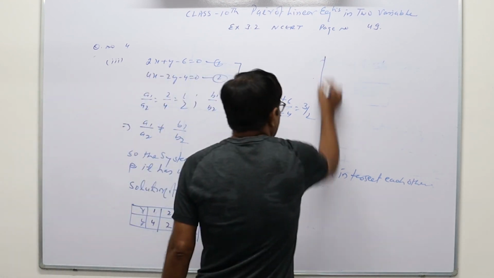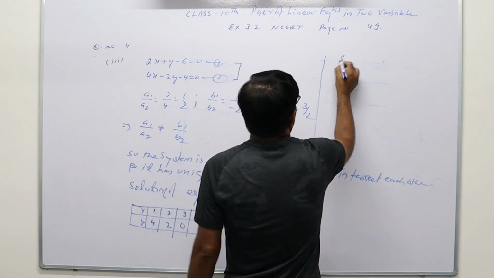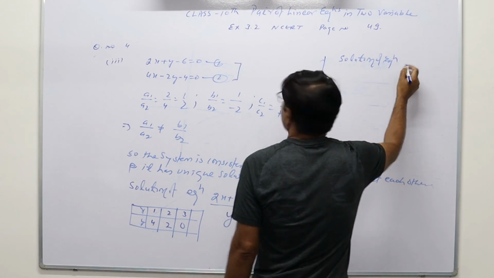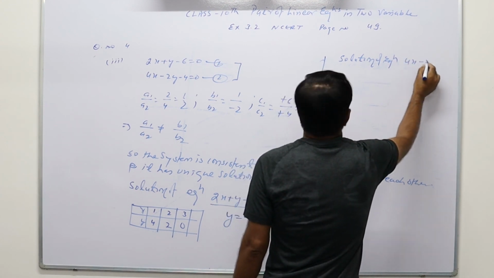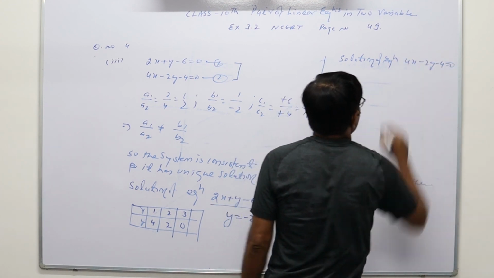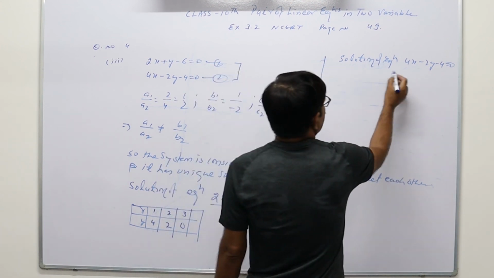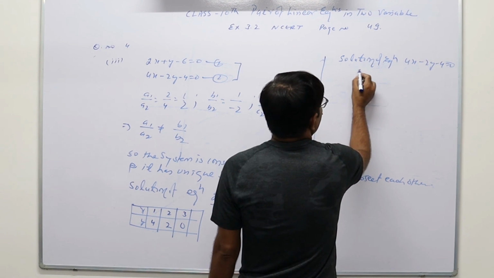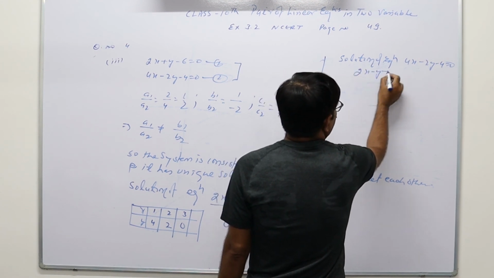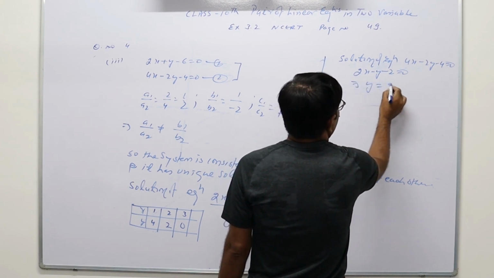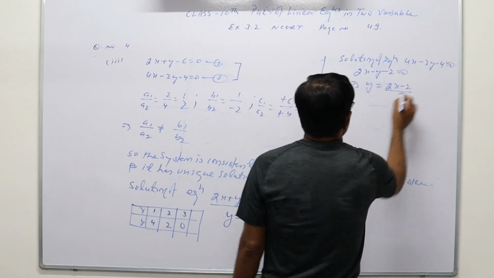So in this way we can take 3 solution sets. Similarly for equation number 2, the solution of equation 4x minus 2y minus 4 is equal to 0. On dividing by 2 throughout, it will be 2x minus y minus 2 is equal to 0, which implies that y will be equal to 2x minus 2.